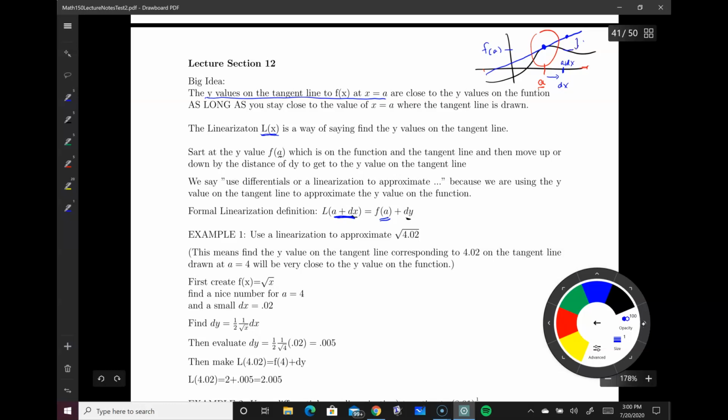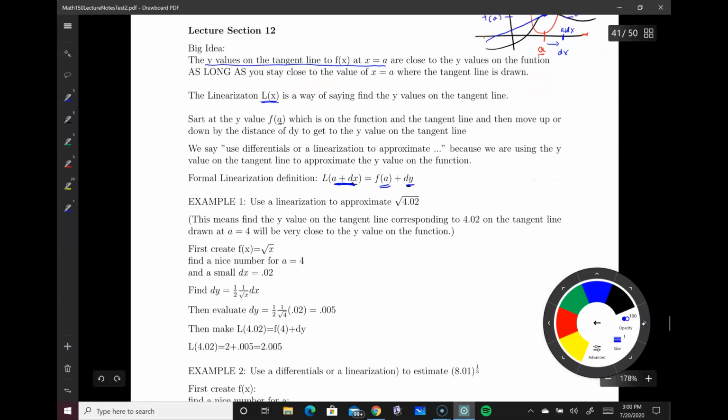That was the change from the y value here to the place it went up to on the tangent line. So f of a plus dy gets me to that y value on the tangent line, and that's what we're going to use as an approximation to the y value on the function. Remember, I've drawn this huge so that we get an idea of what's going on.